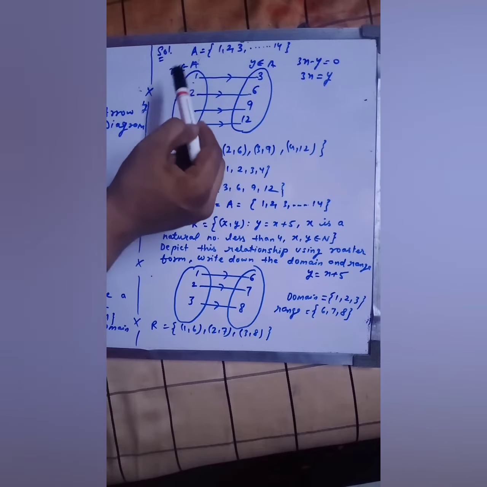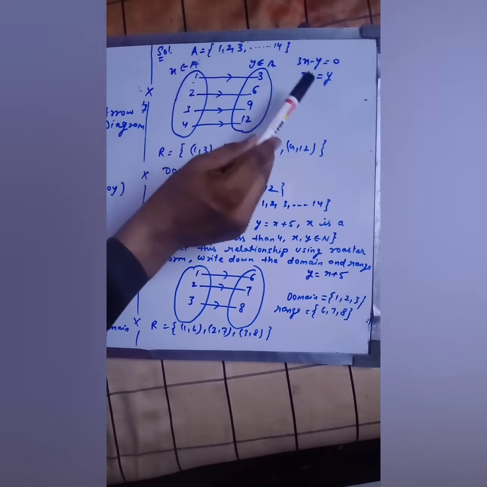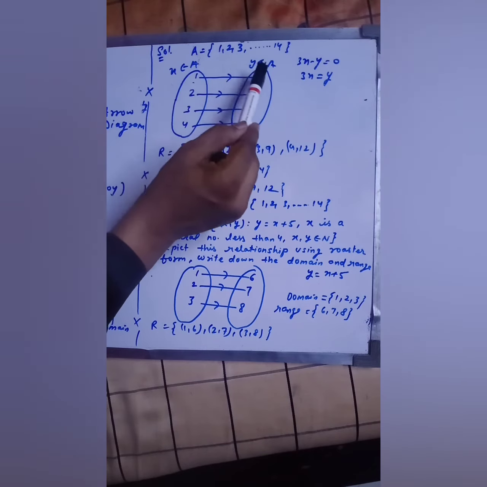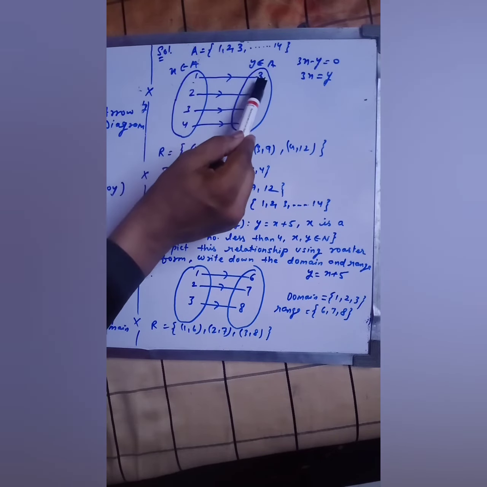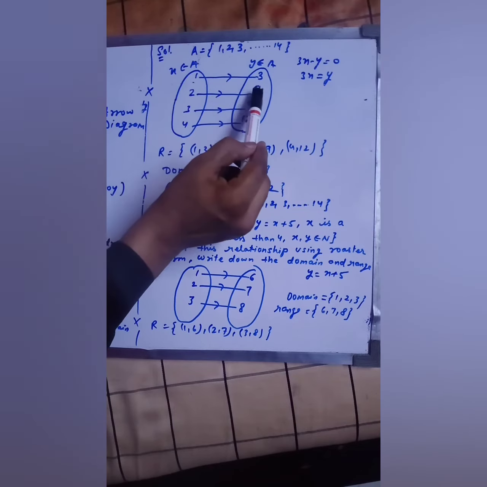Now I am choosing the value of x from the given data, 1 to 14. If I put x equals 1, y will be 3, so 1 and 3. When you put x equals 2 in this relation, you will get y equals 6, so 2 and 6.